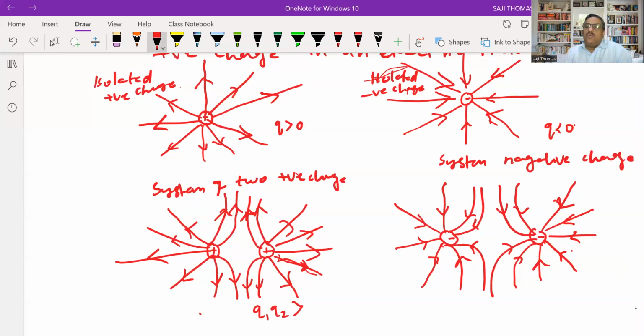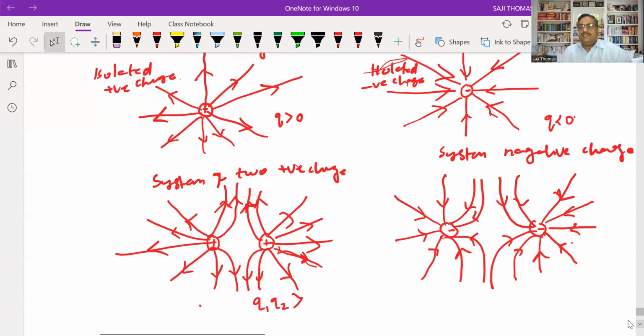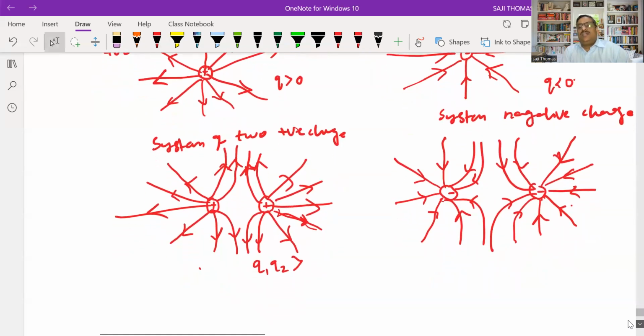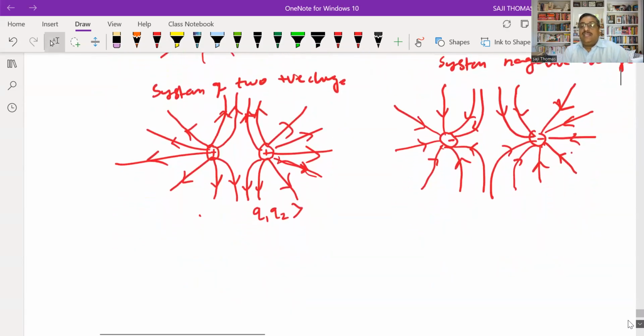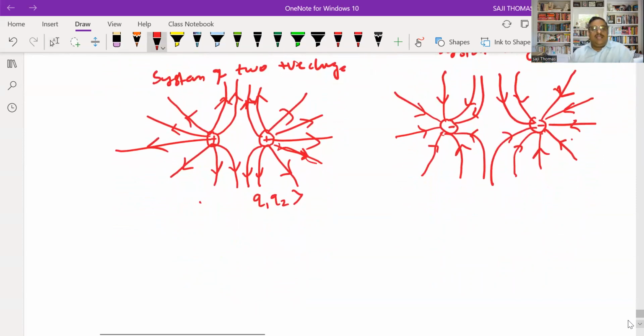Now, if there is one positive charge and an equal negative charge, such an arrangement is known as a dipole. We will discuss it later in detail. Consider a positive charge and a negative charge with a small separation between them.